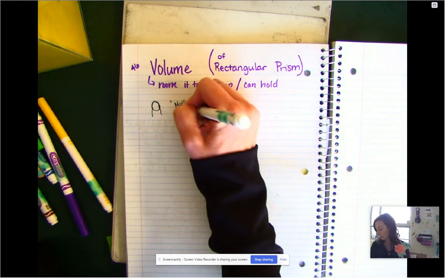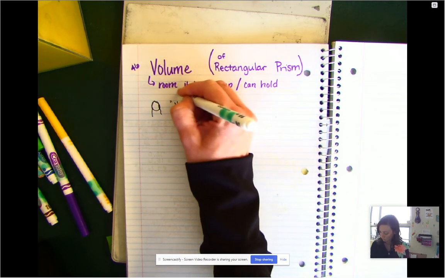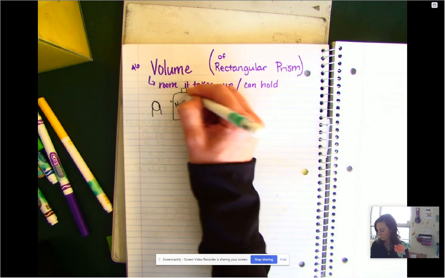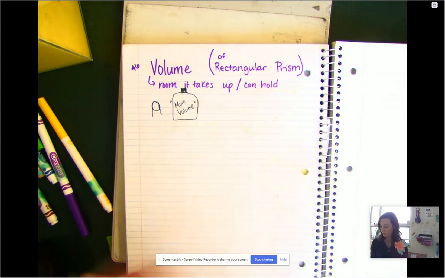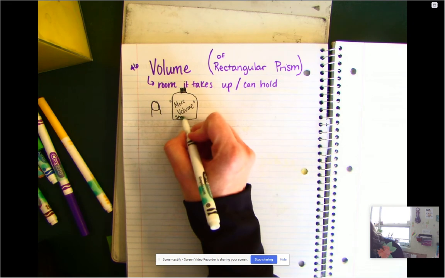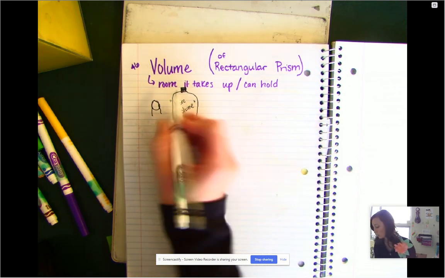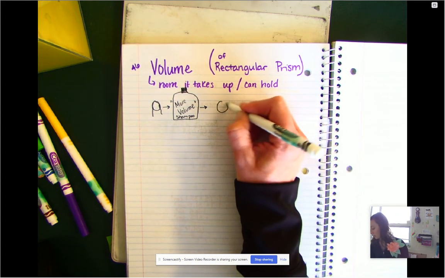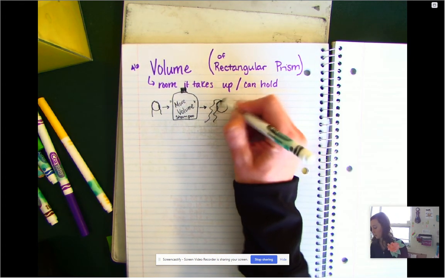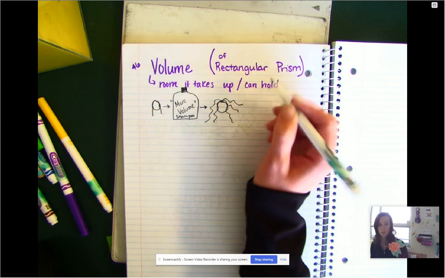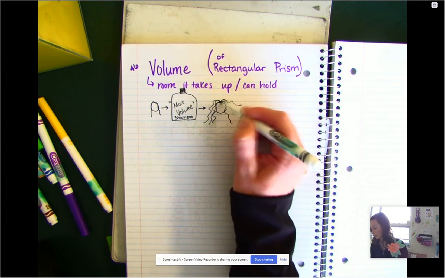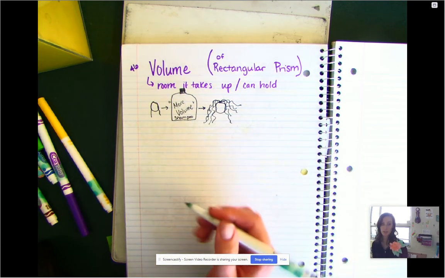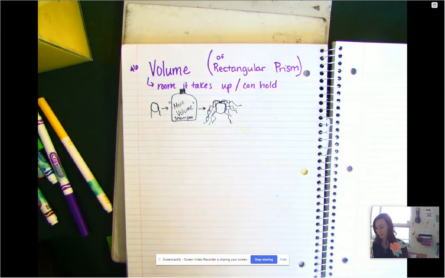Okay, this is going to be my really quick drawing of a shampoo bottle. And if you use that shampoo and it really works, your hair is going to take up more room than it took up before. So volume is the amount of room something can take up and the amount that it can hold.